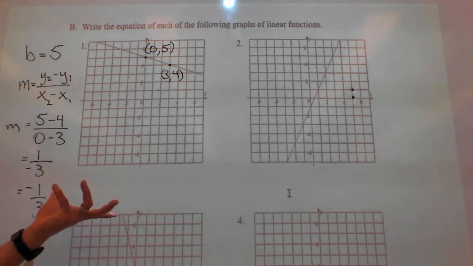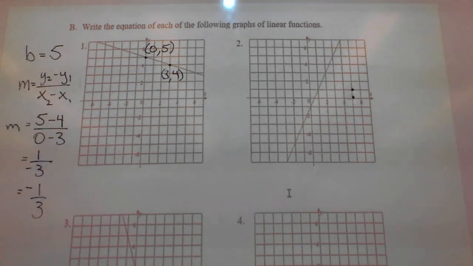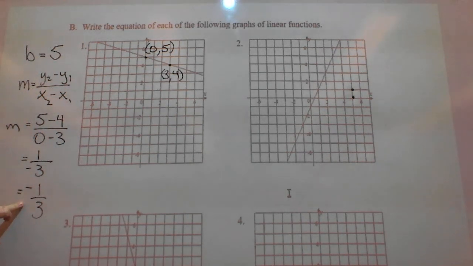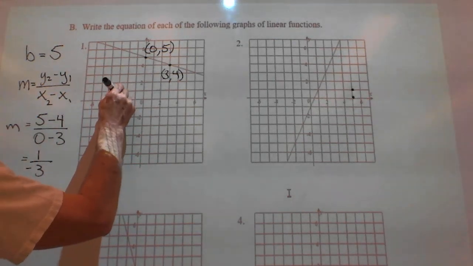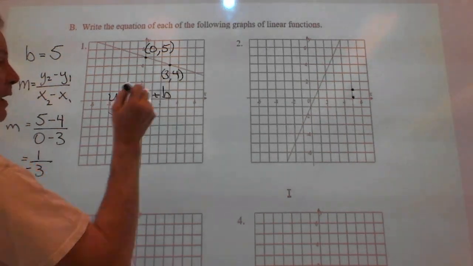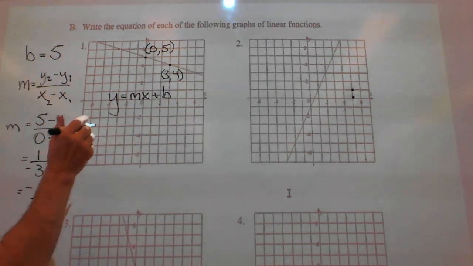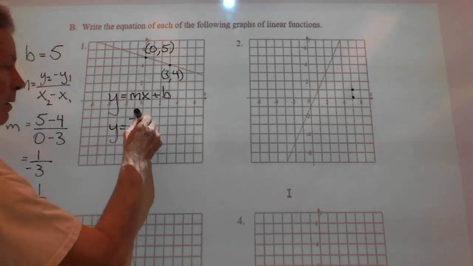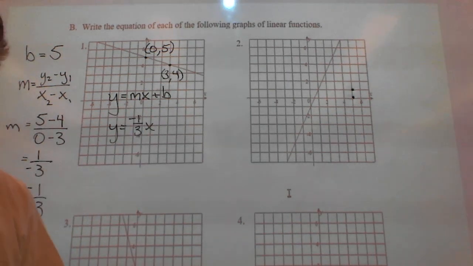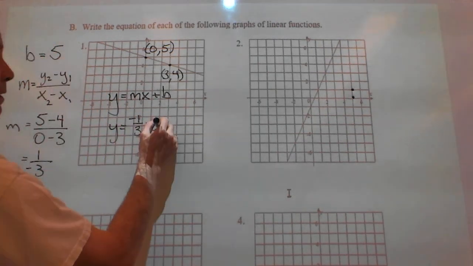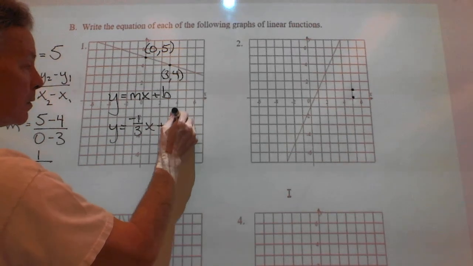Now we're at a place that we were in the last question. We know the y-intercept and we know the slope. So the equation of this line in slope-intercept form, which remember is y equals mx plus b, becomes, sub in the slope, negative 1 over 3x, sub in the y-intercept, plus 5.